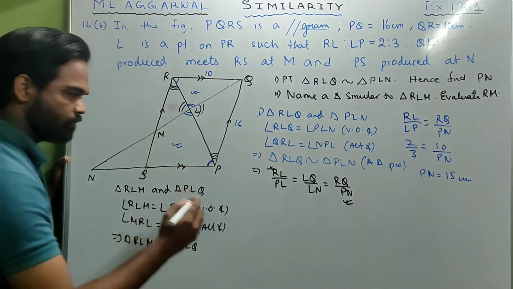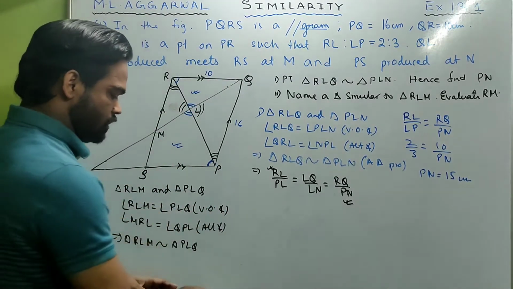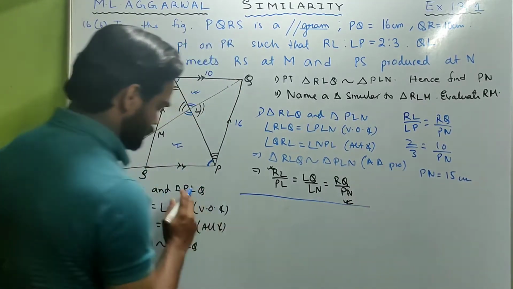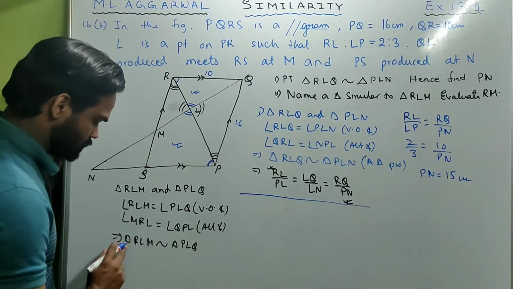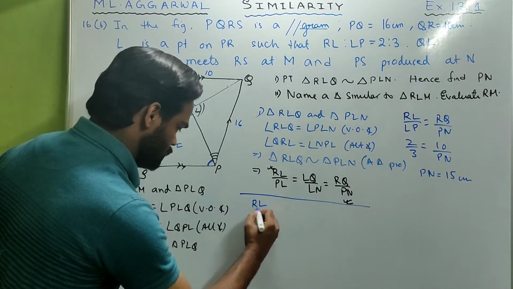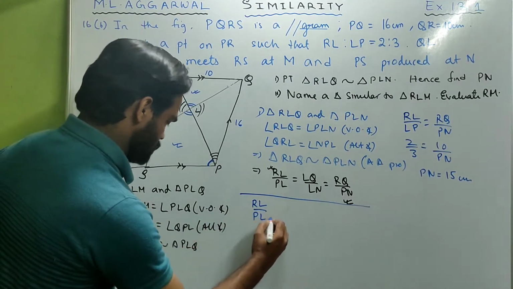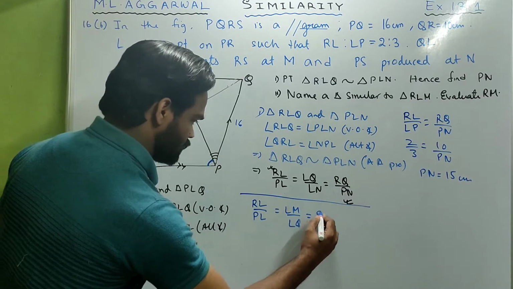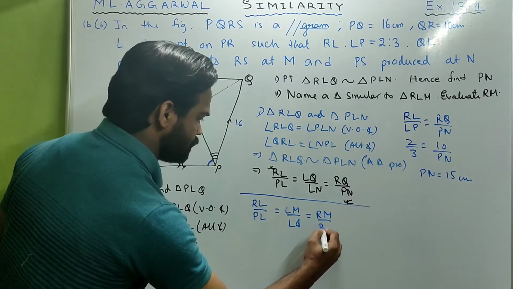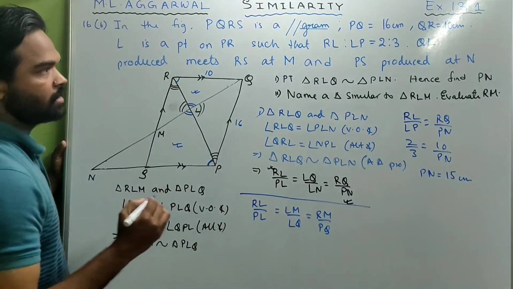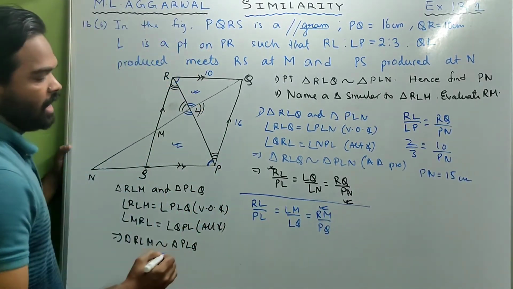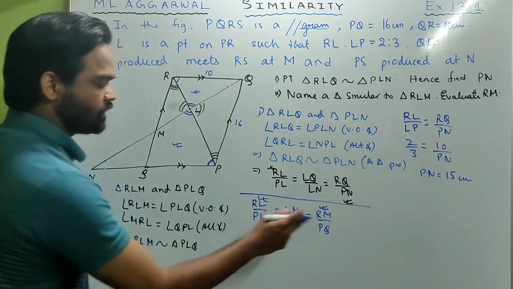Now if they are similar, their corresponding sides are proportional, which means I can write for these triangles RL by PL is equal to LM by LQ is equal to RM by PQ, isn't it? Now they have asked for RM, so we'll take this one, and they've already given this one, so take the first and the last.